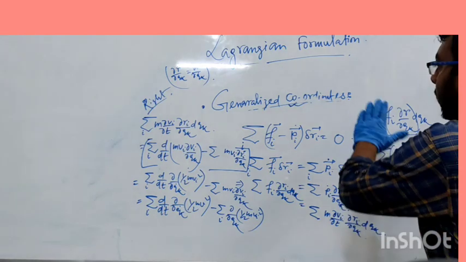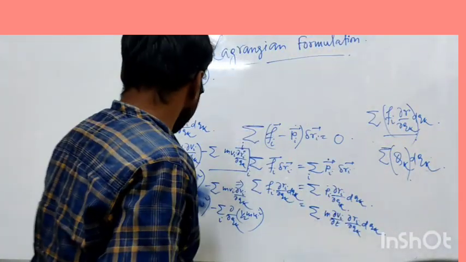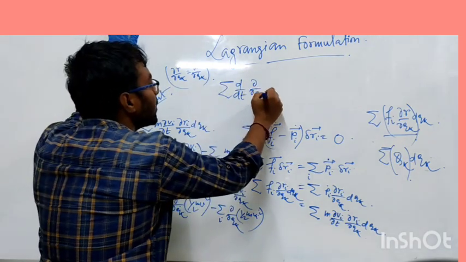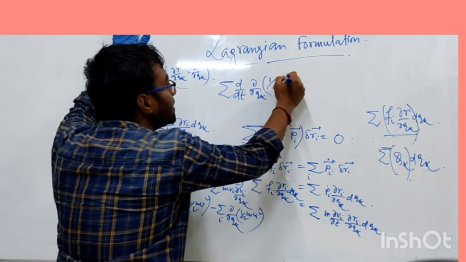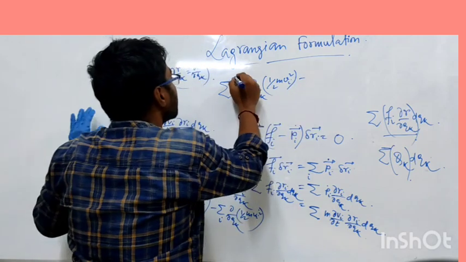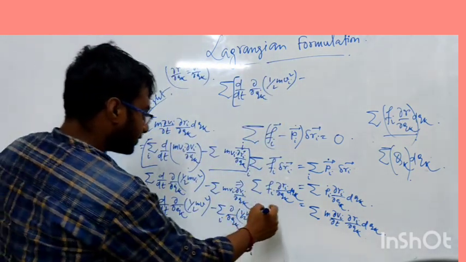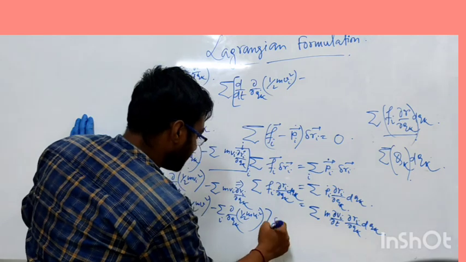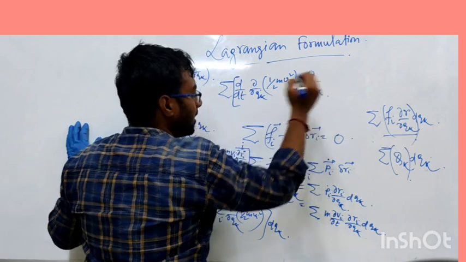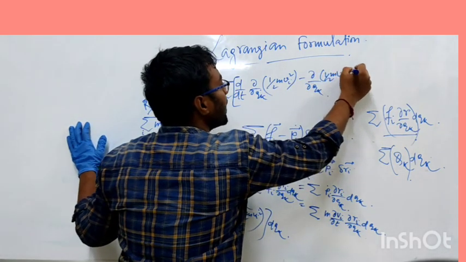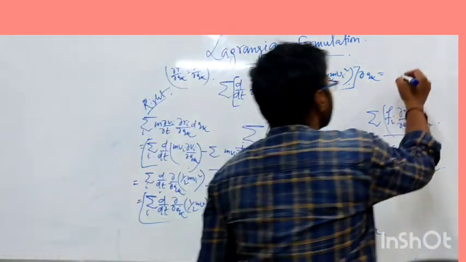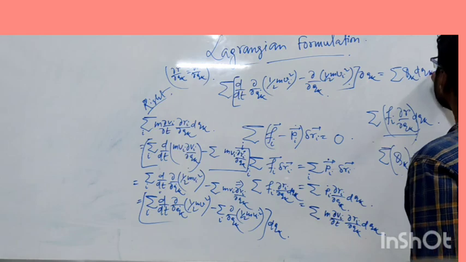That means it does not indicate any individual, rather it represents the summation of all individual forces, represented by Qk. And then, if we equate this, summation over d/dt of del Qk dot half of m Vi square minus del of del Qk half of m Vi square, dqk, should be equal to summation over Qk dqk.